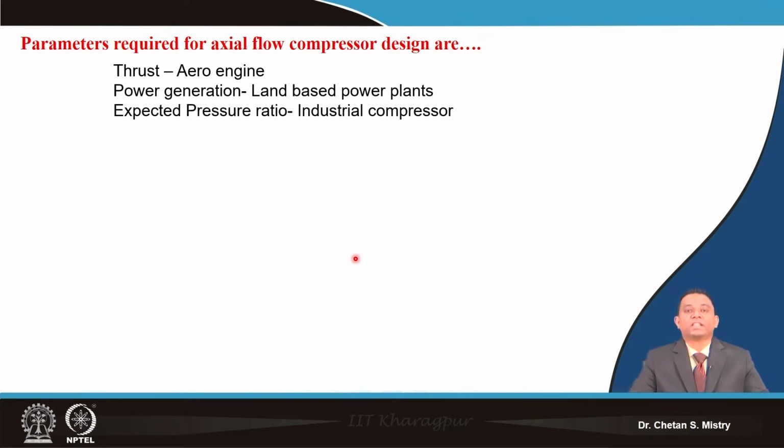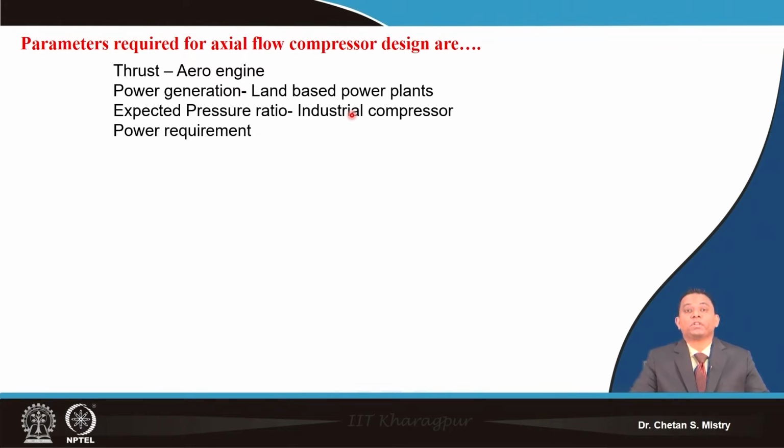Suppose I consider an industrial application, then we look at the expected pressure rise. Which kind of fluid we will be using and what pressure ratio we are expecting is our requirement. Once this is decided, for an industrial application the power requirement will be of major concern.